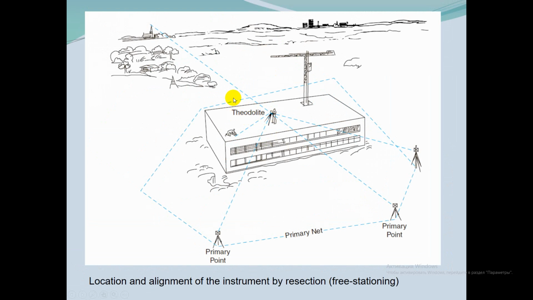Here you see an illustration of resection techniques being used to provide the coordinates of the theodolite station. In this case, the theodolite or total station is set up at any convenient location, called a free station.